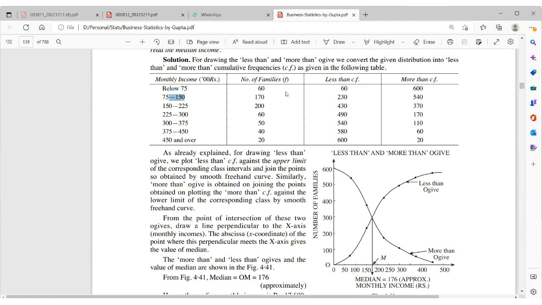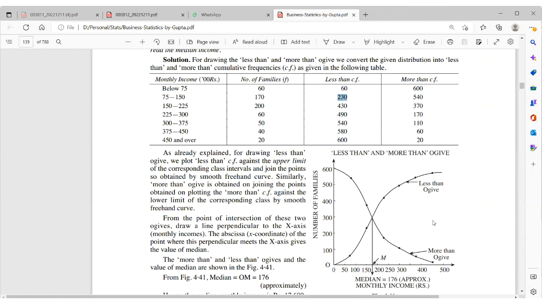Less than 150, how many? 230. At 150, we make a point at 230. Then 430 at 225. Again this point, this point. By free hand, we join all these points. This is called the less than ogive curve. Less than ogive curve, right?